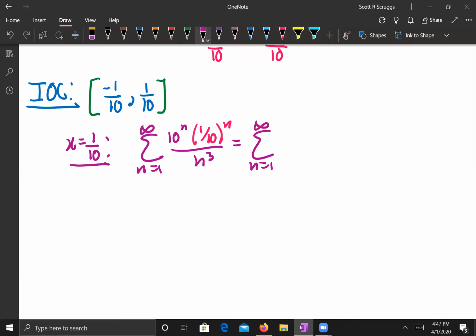Because 10 to the nth and 1/10 to the nth have the same power n, I get to combine them together into 10 over 10 to the nth power, and 10 divided by itself is just 1.